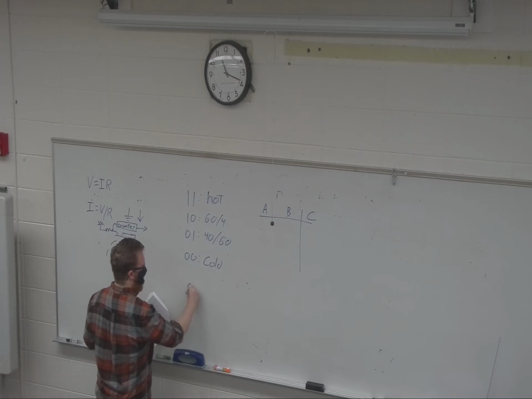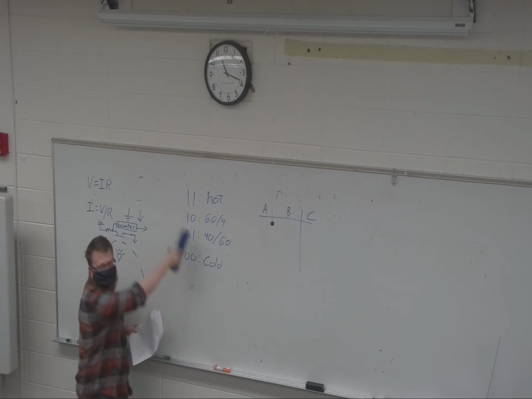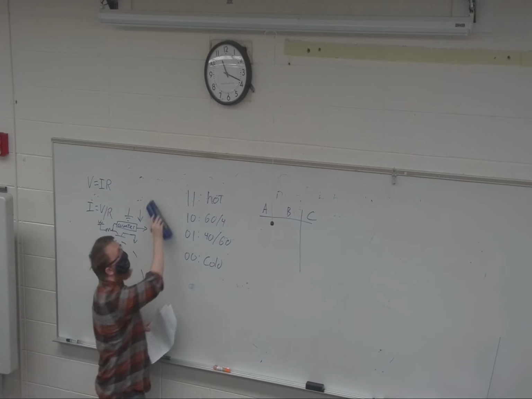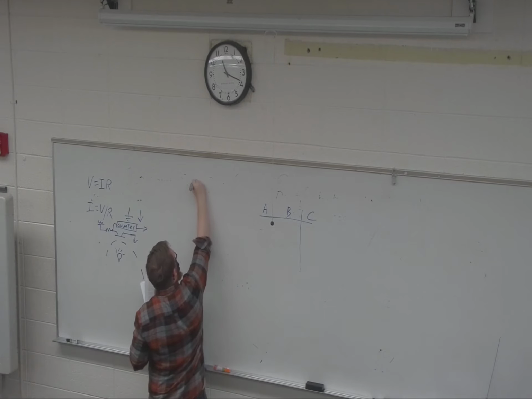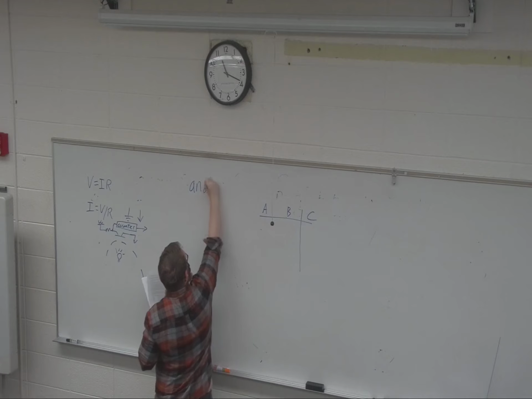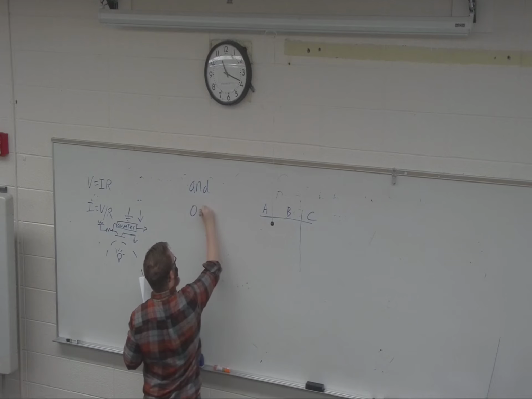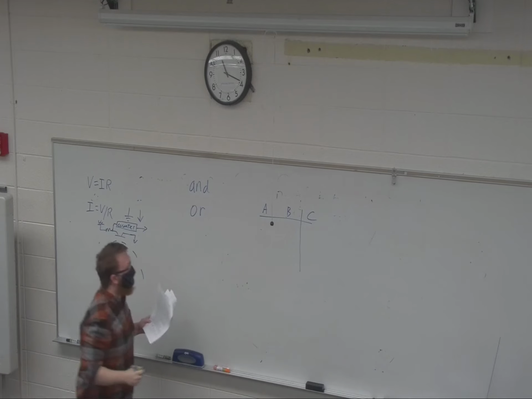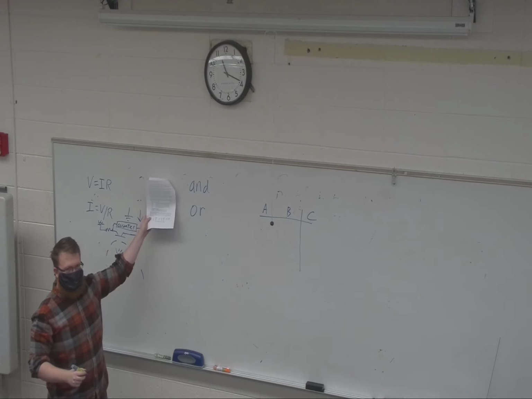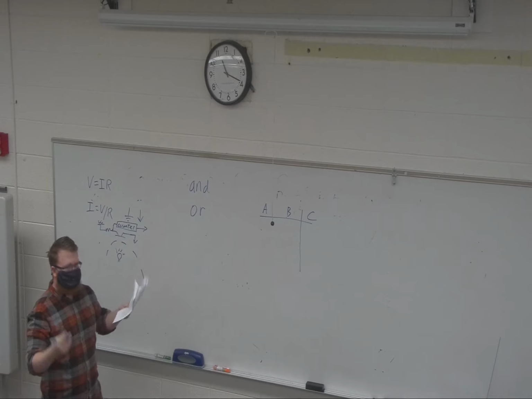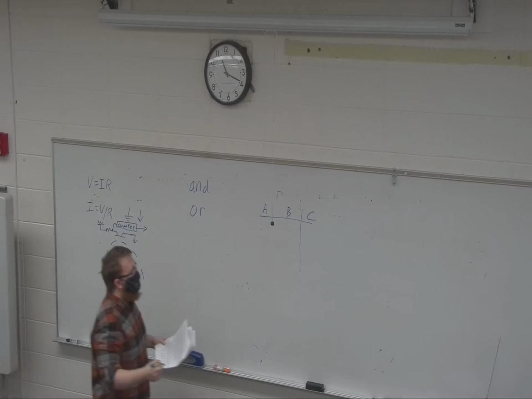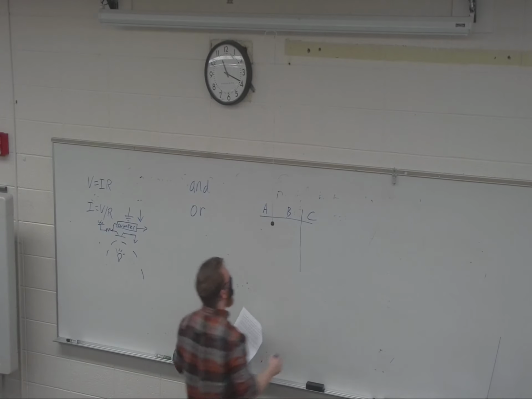Do you guys mind if I erase this? Good. The most basic ones are AND and OR. Things are ANDed together or ORed together. Now there are lots of other options, but let's start with these two.